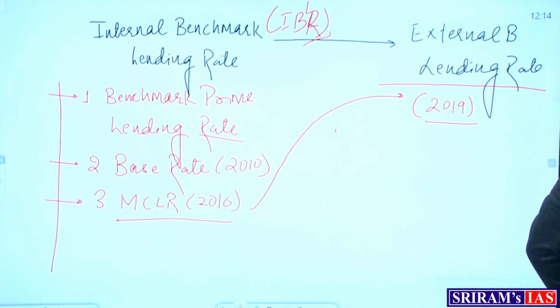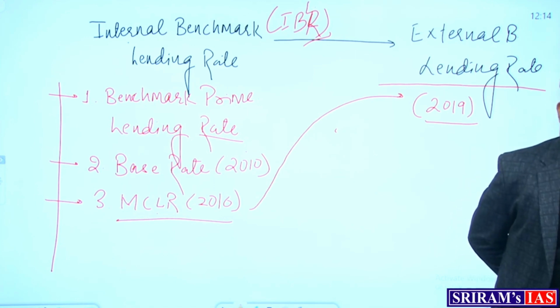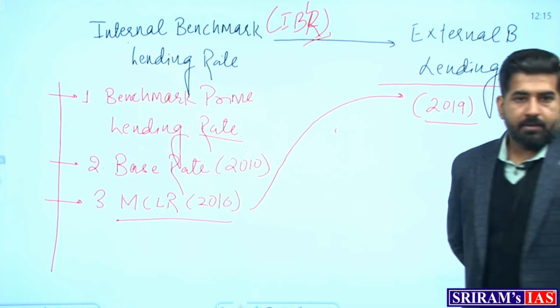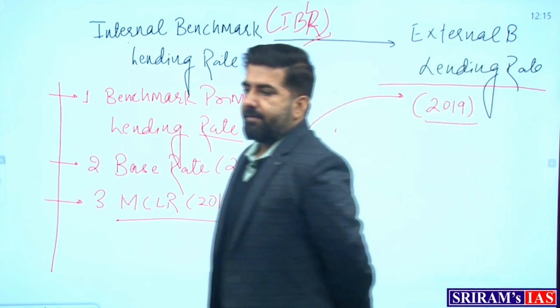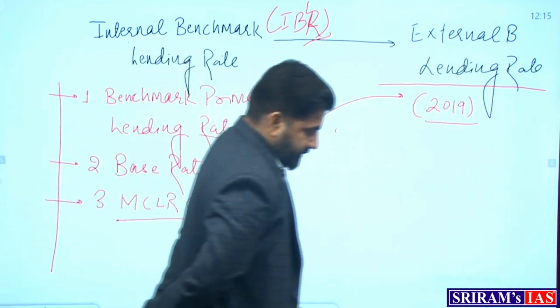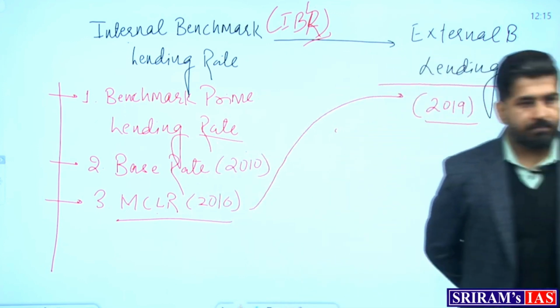First subpoint, RBI repo rate. Second subpoint, 91-day T-bill, treasury bill yield.